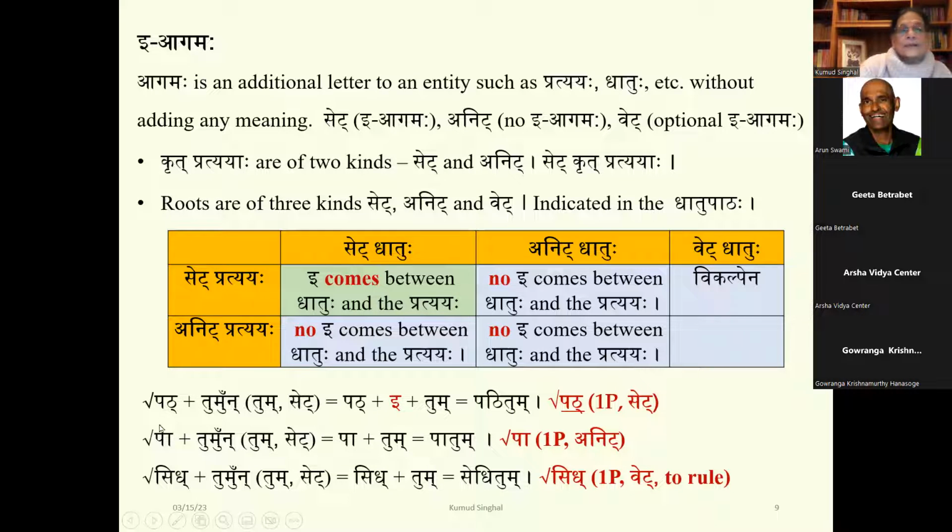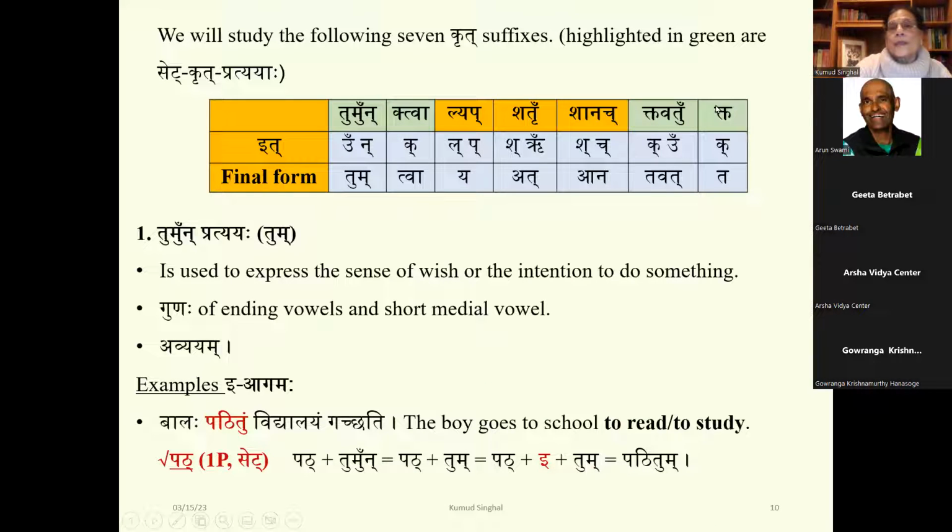So for example, let us look at the dhatu patha. This will be clear in a second, when I give you more examples. So let me just show you here. The ones in green are your set pratyayas.